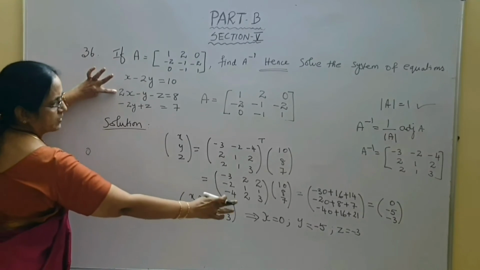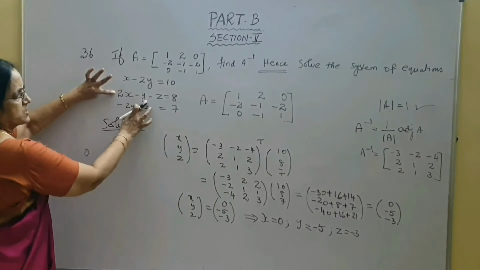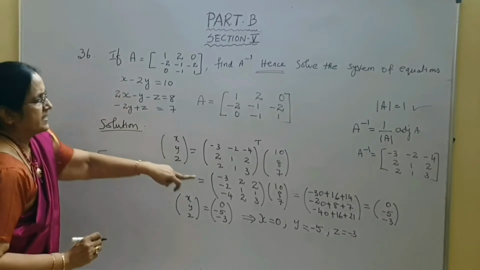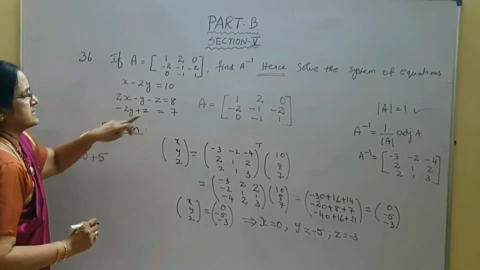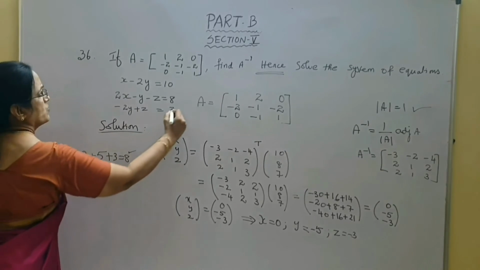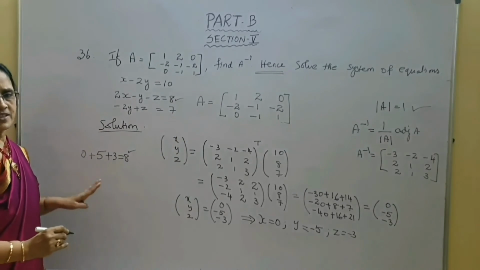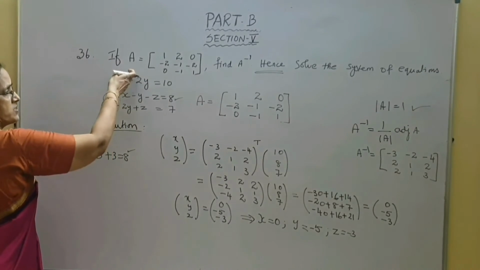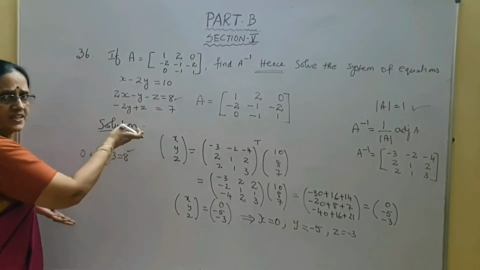Then, Y value is minus 5, and here it is minus Y, so you are having plus 5. Then, Z value is minus 3, but here minus Z, so plus 3, which is equal to 8. That is your right hand side also. So, the equation is satisfied. Even you can choose the first equation or the third equation.